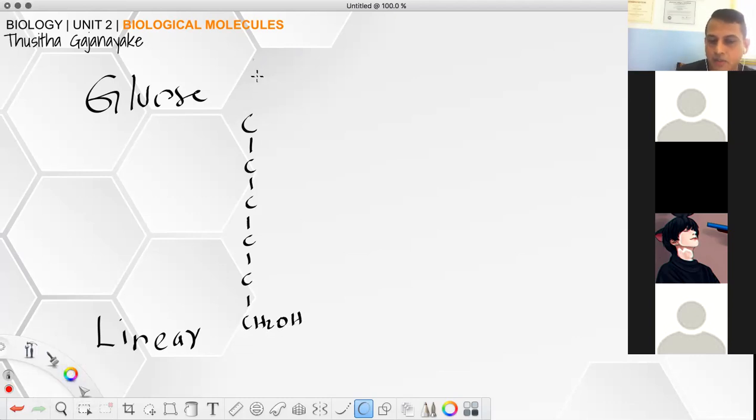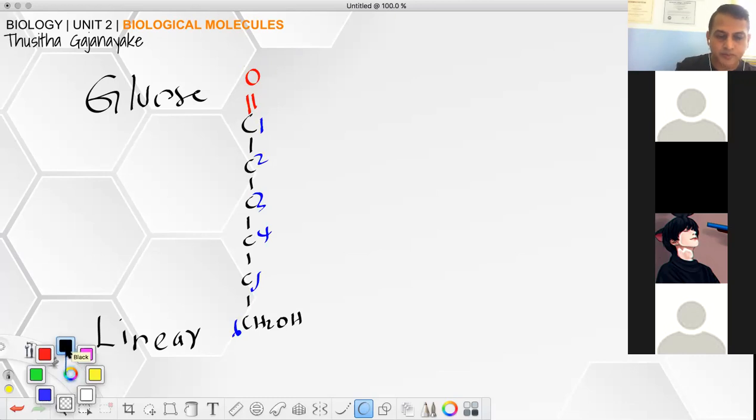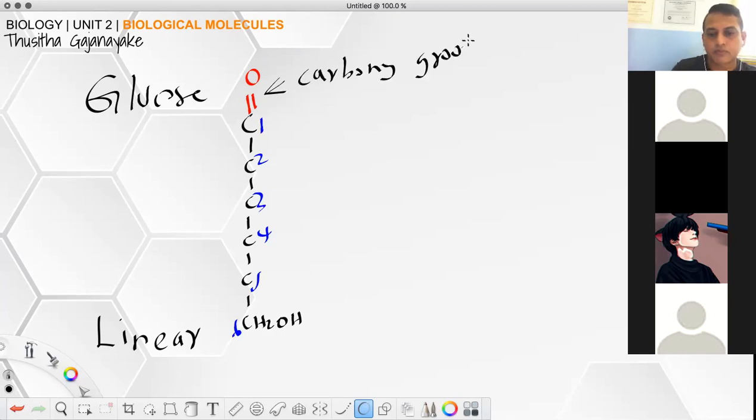Another important thing, the first carbon has a double bond with oxygen, like this. This is called a carbonyl group.